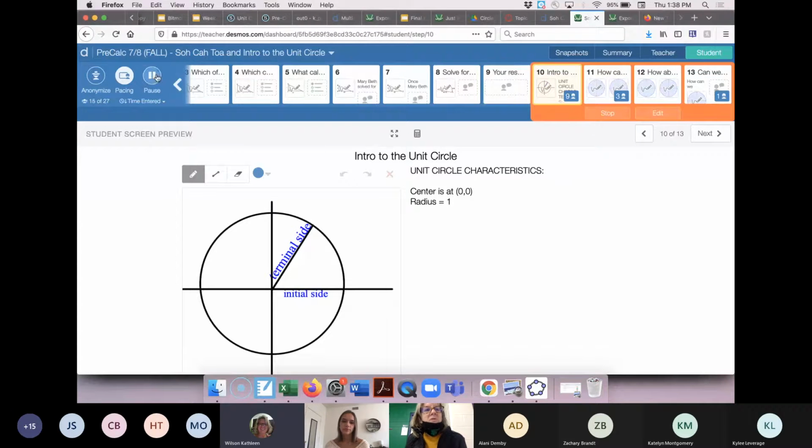The first screens up through screen 9 are about SOHCAHTOA, right triangle trigonometry, I should say. And if you have questions about right triangle trigonometry, then you can hang back with me.